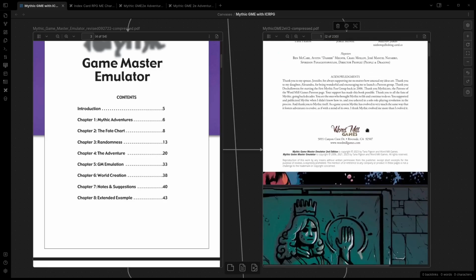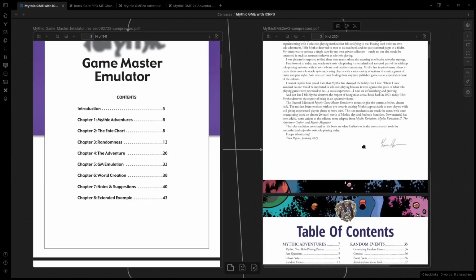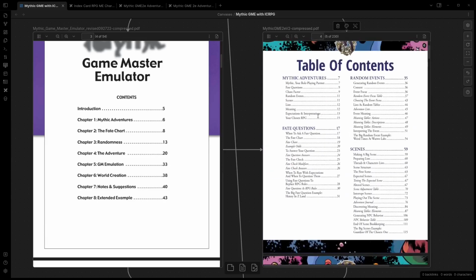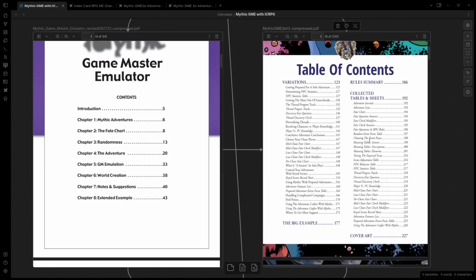So what I end up doing is I get to the first point where I read Mythic Adventures, Fate Questions, Random Events, and Scenes, and then I don't do any of the variation stuff. I do use a lot of the meaning tables, like the actions, descriptions, and elements tables.